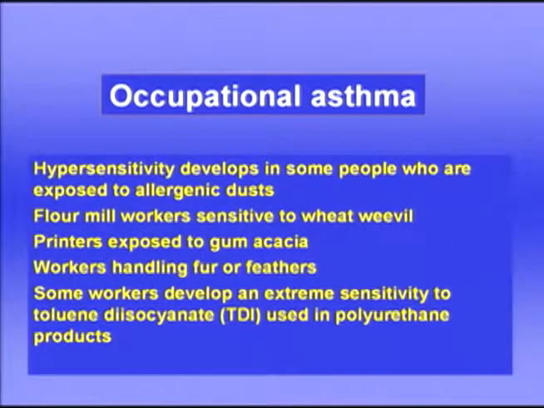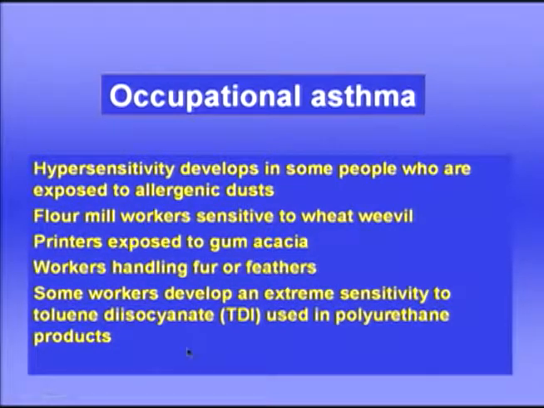Another condition that we'll mention is occupational asthma. Again, not a pneumoconiosis. It's caused mainly by organic materials, allergenic dusts, and there are a number of these. In flour mills, for example, people are sensitive to the wheat weevil in the flour, and they develop occupational asthma. It's rather like asthma, but the allergen is the material in the workplace. Printers exposed to gum acacia can get it, or people who are working with fur or feathers can develop this.